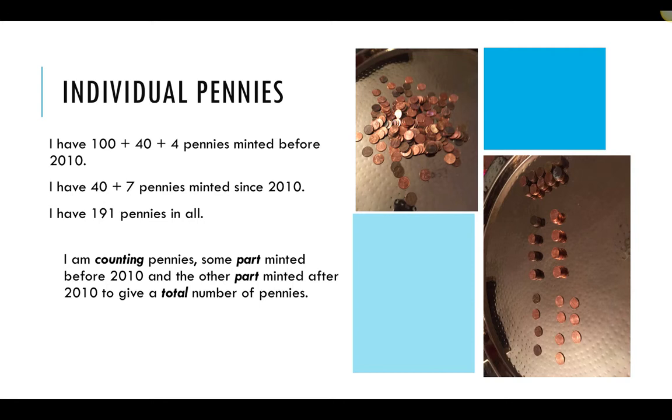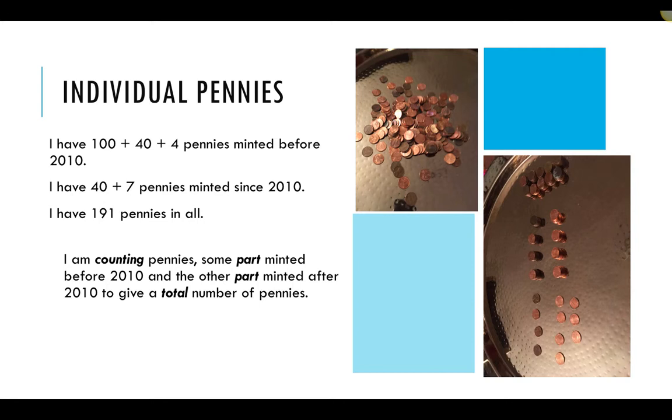On each of those problems, I could summarize, right? I had the 144 pennies minted before 2010, and the 47 pennies minted since 2010, and I had 199 pennies. So I could summarize by saying I was counting pennies.